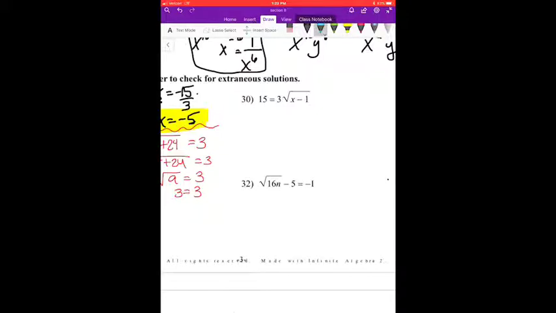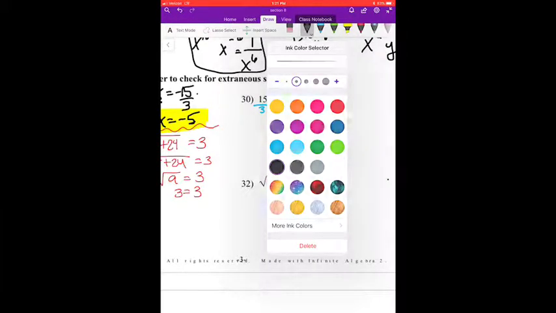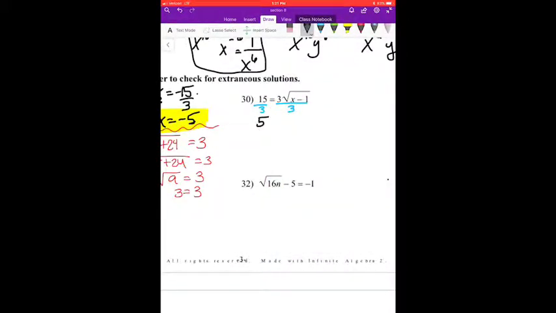You divide by 5. On 30? Hold on. No, I'm looking at 32. My bad. You divide by 3. So you would get 5 equals the square root of x minus 1. Then we square both sides to get rid of that radical.